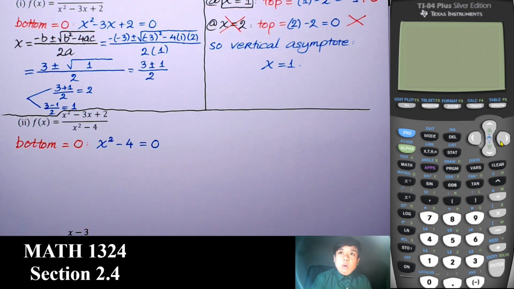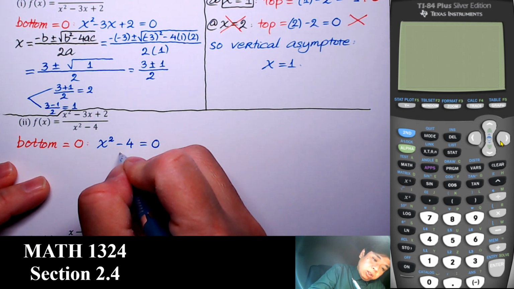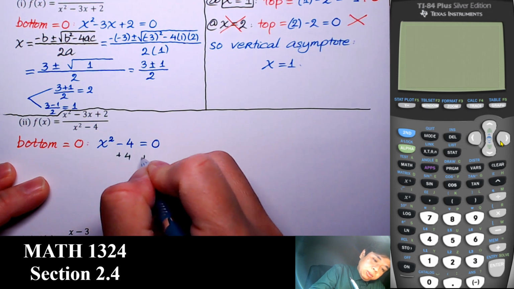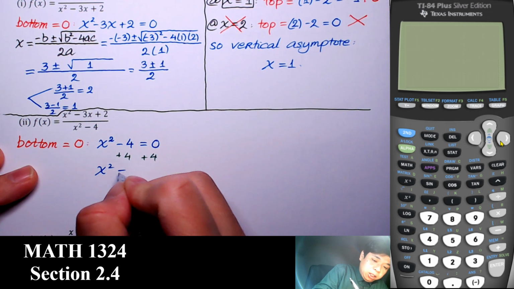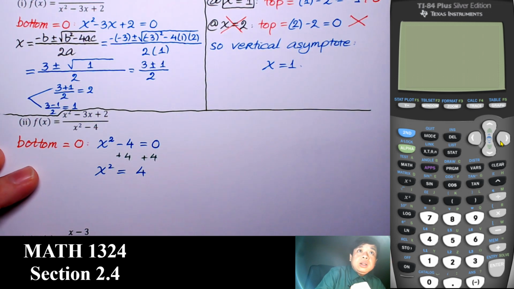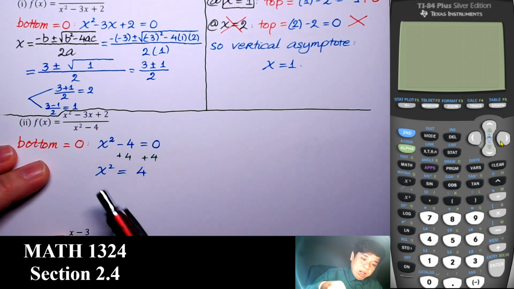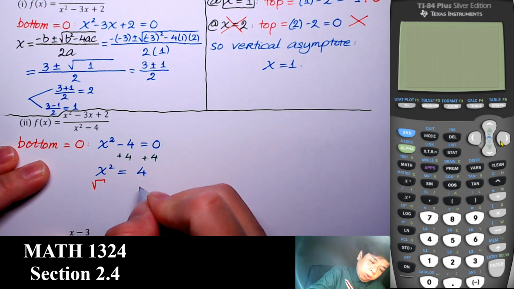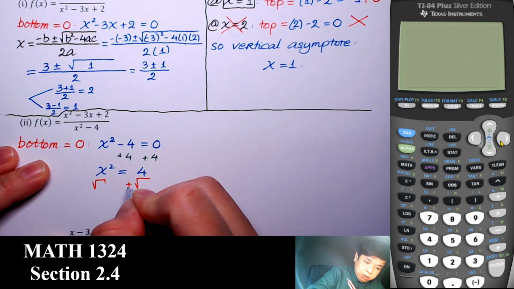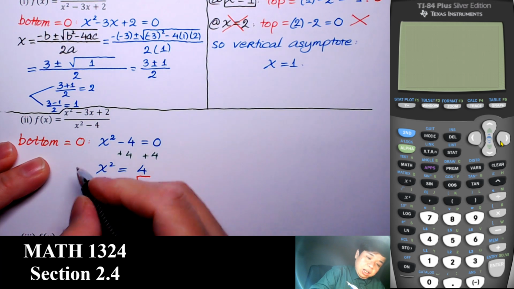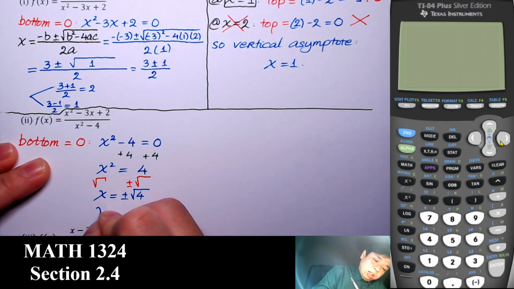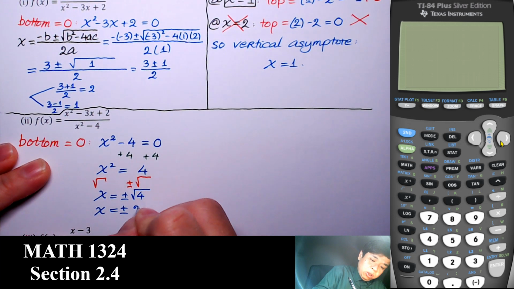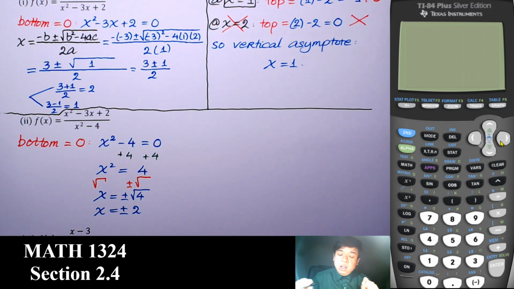Of course, the quadratic formula works, but for something that simple, we don't need to use it. Just plus 4 on both sides. X squared equal to 4. Now we solve for x. To get rid of the square, I'll take the square root on both sides. In that case, we have x equal to plus or minus square root of 4. So that gives us x equal to plus or minus 2. So we have x equal to 2 or x equal to negative 2.